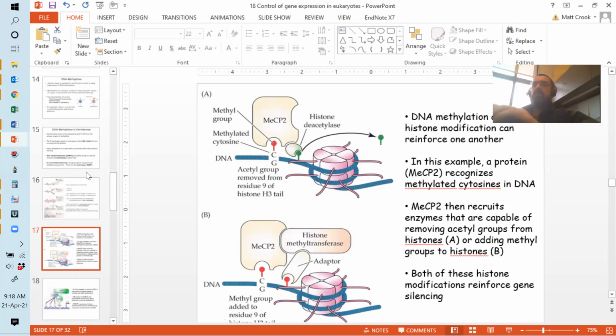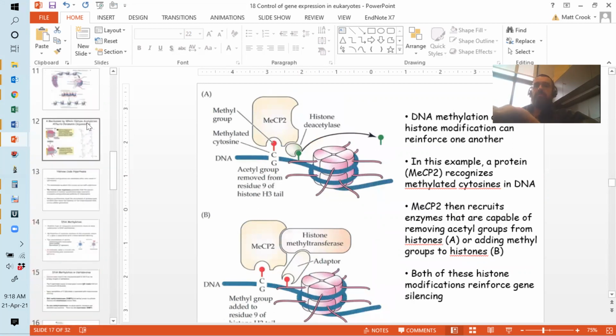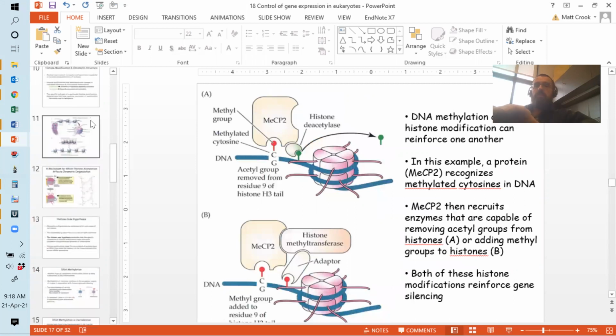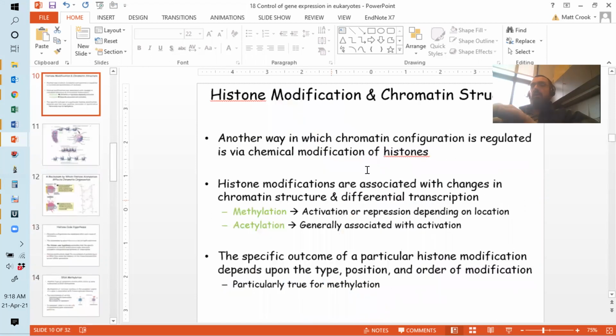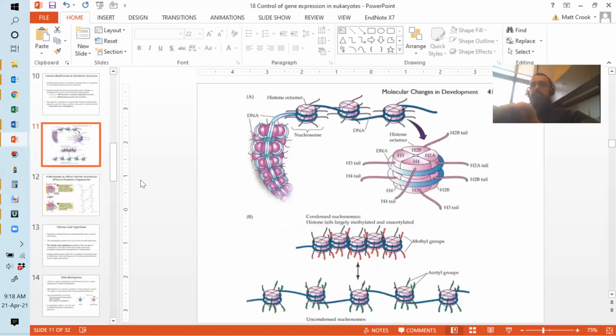So it kind of goes back and forth between the two. There's a lot of crosstalk from the tags that are on histones and the tags that are on DNA, opening and closing the access to DNA. And so basically you go between these two different forms, right?